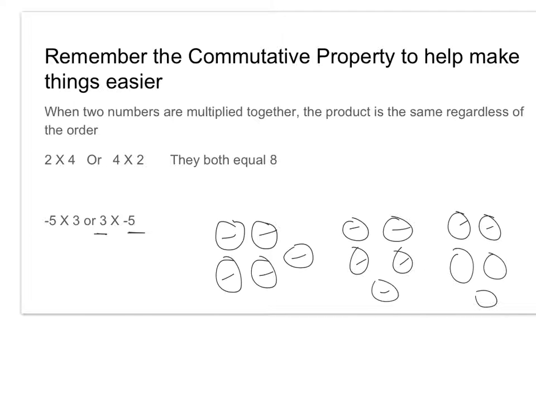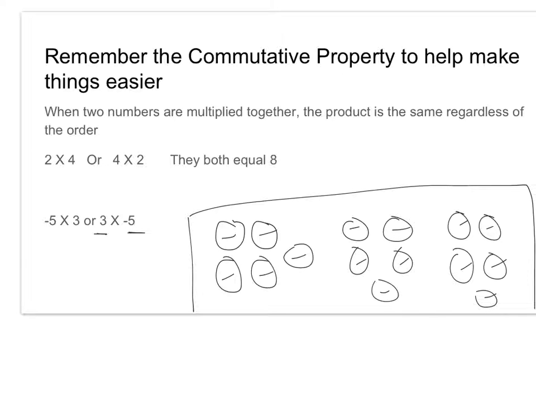So if we have 3 groups of negative 5, what is our final answer? 3 groups of negative 5 gives you a negative 15. So that is why anytime we have different signs, it's going to be negative.